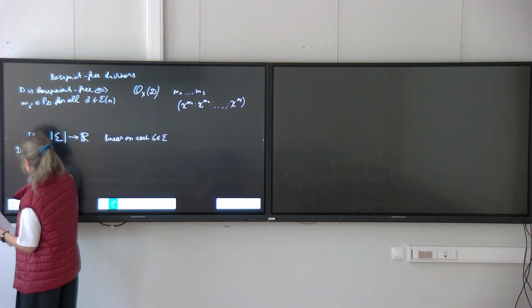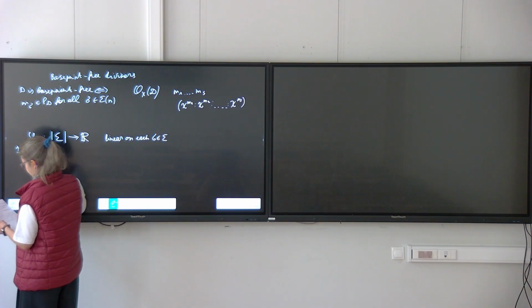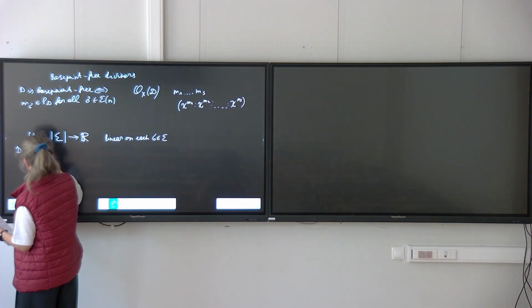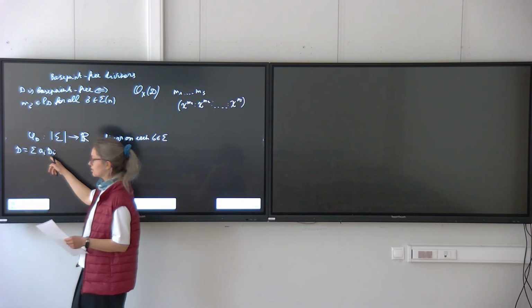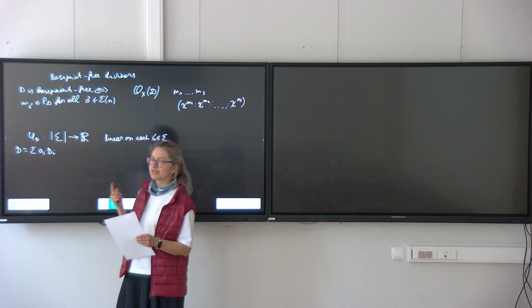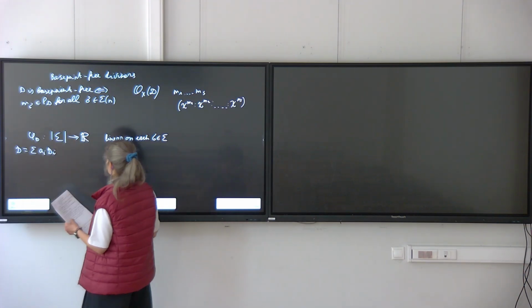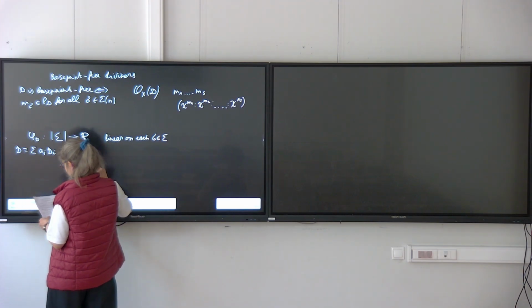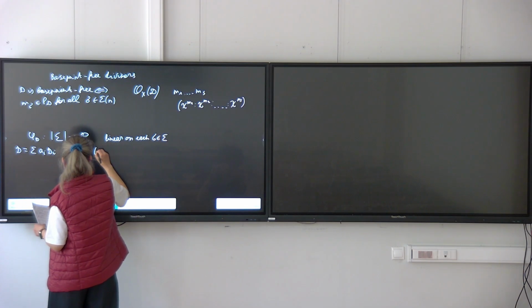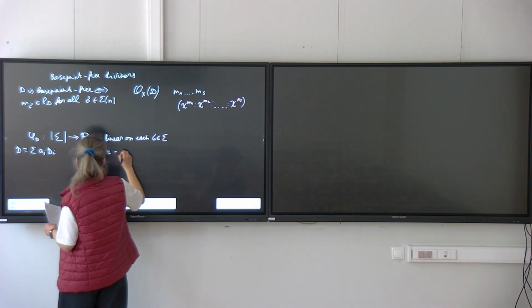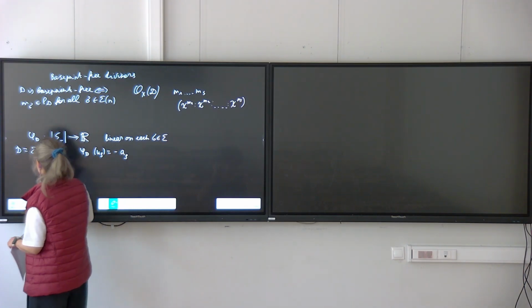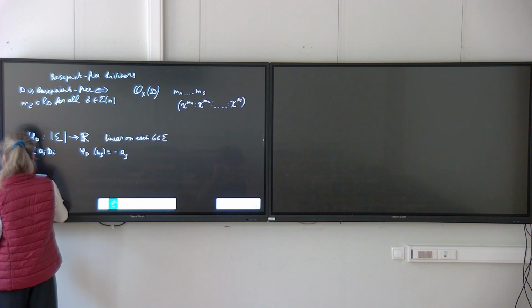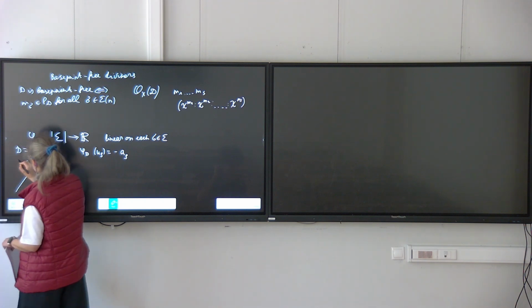And if our divisor is the sum a_i D_i, these are toric invariant divisors corresponding to the rays of our fan, then we wanted phi_D on u_rho to be equal to minus a_rho. So, for example, this is our fan sigma.